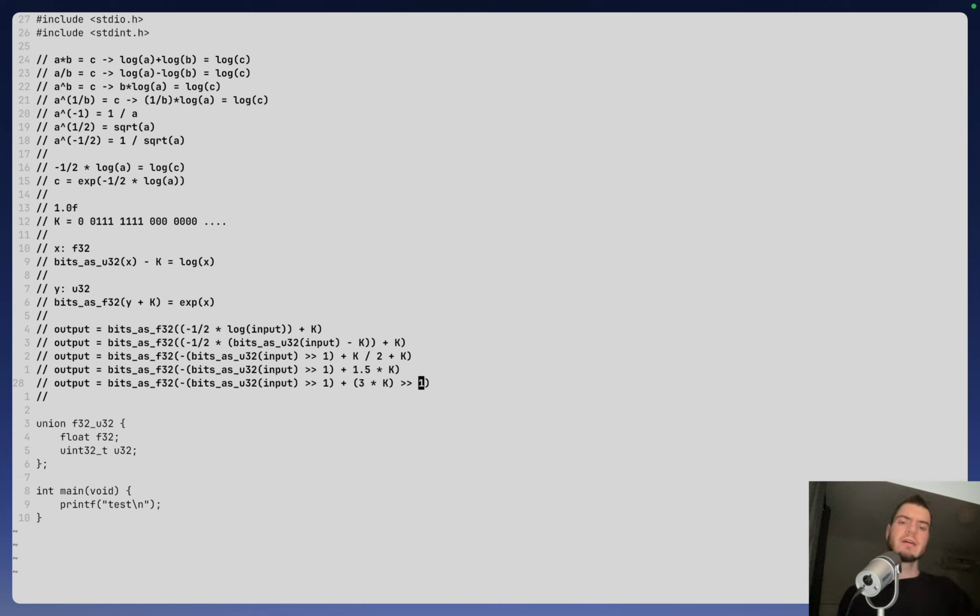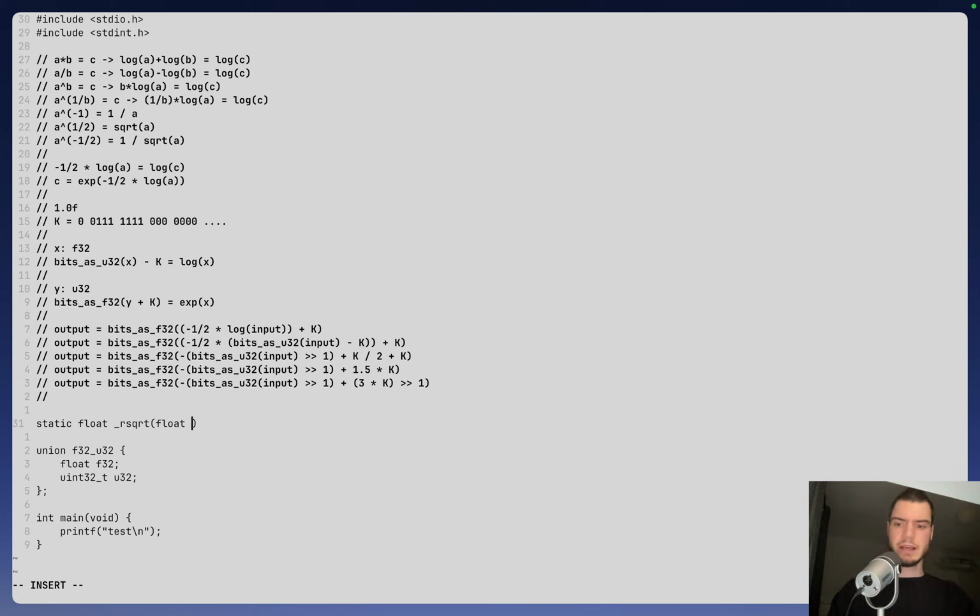And actually we could take our k and pre-calculate that, like just have a constant for that. But for now, let's just focus on writing the function at all. So I'm just going to create a new function here that's going to return a float. I'm going to call it r square root. And it's going to take one float as its input.